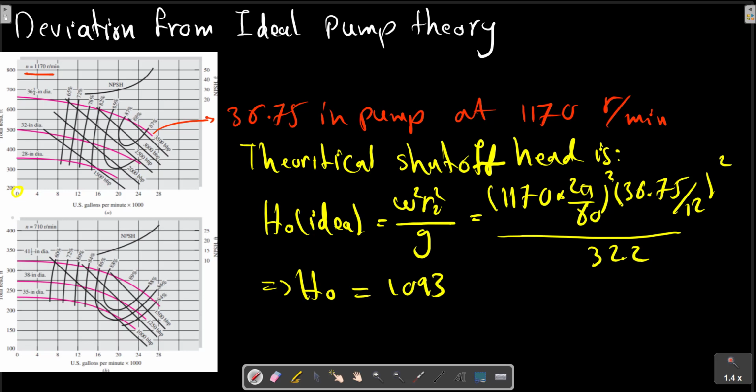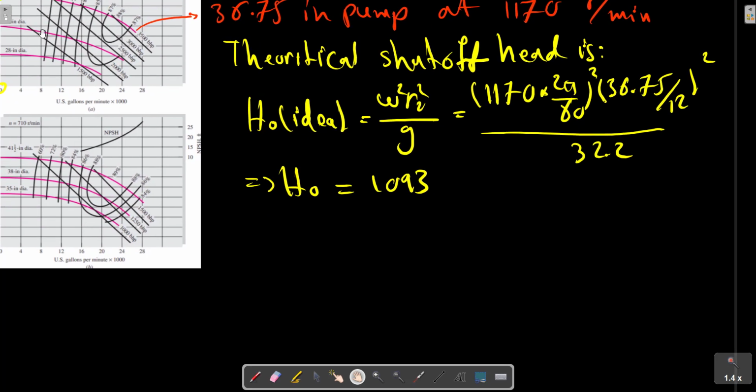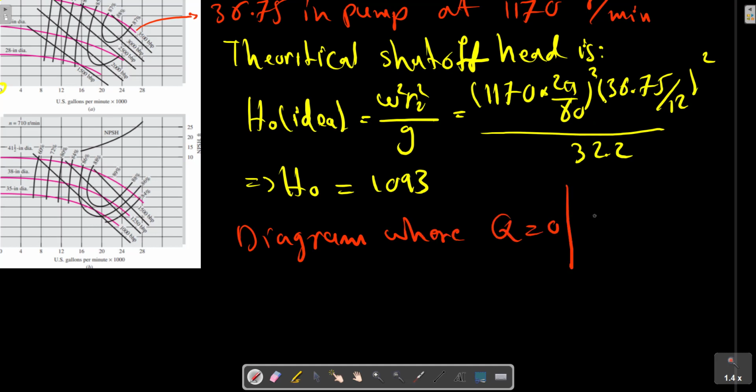We believe the actual shut-off head, for only this point from the diagram, where Q equals 0, shut-off head of the pump from the diagram is approximately 670 feet, or 61% of the theoretical value.